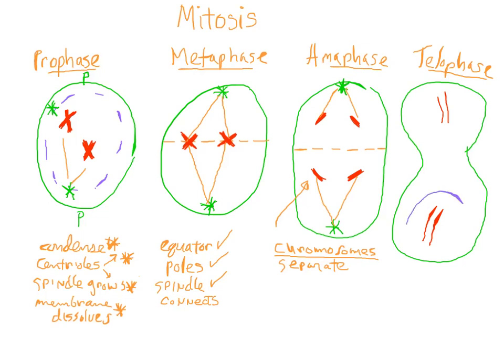Two new nuclear membranes reform around each of the homologous chromosomes. In animal cells, the cytoplasm starts to pinch in like this, and the spindle fiber network dissolves and the centrioles basically disappear. Now the cell is ready for division of the cytoplasm.